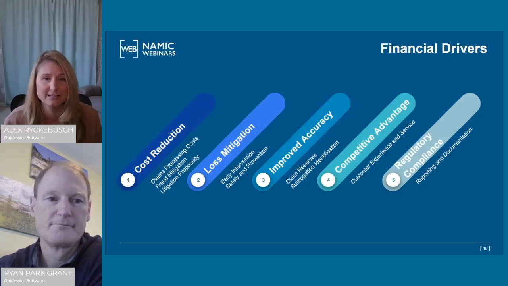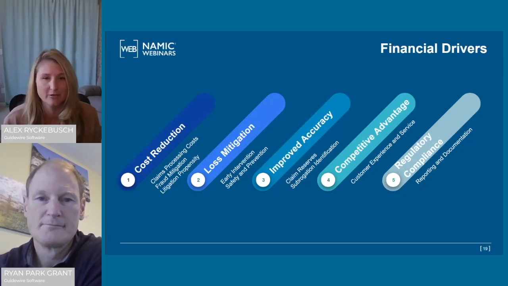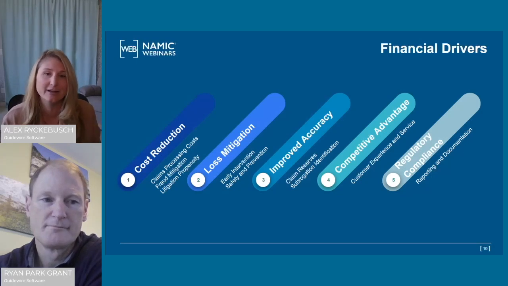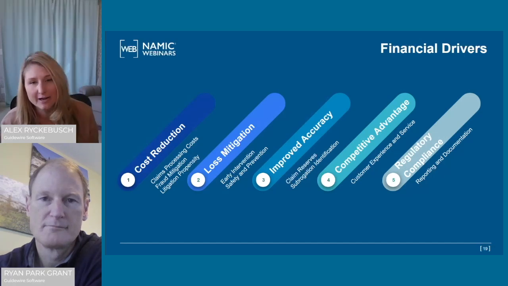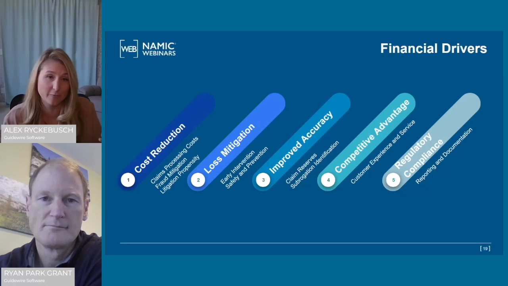Improved accuracy is another key area we would encourage from looking at the return. Setting claims reserves more precisely, giving you a better picture of your impacts to your book for future claims, and also being able to reduce the risk of underestimating or overestimating, and how that would impact overall financial stability.